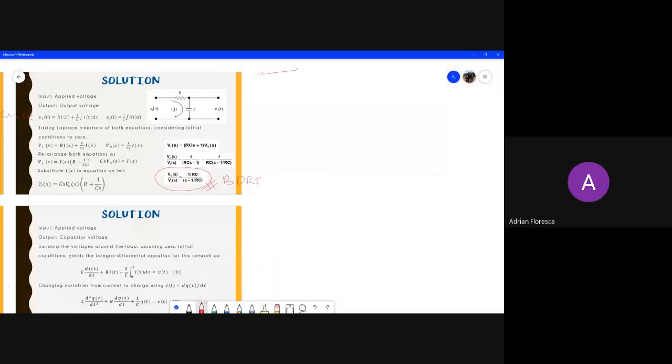Here is the current, and this is the impedance for the resistor, and this is the impedance for the capacitor. Okay, and this is the output.